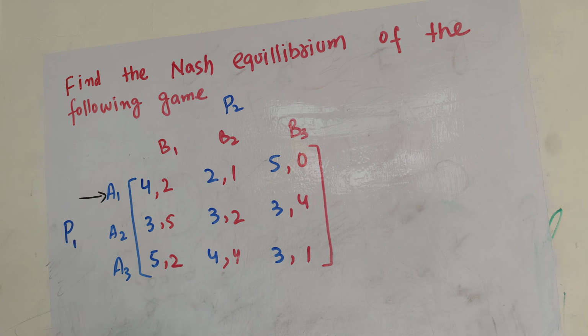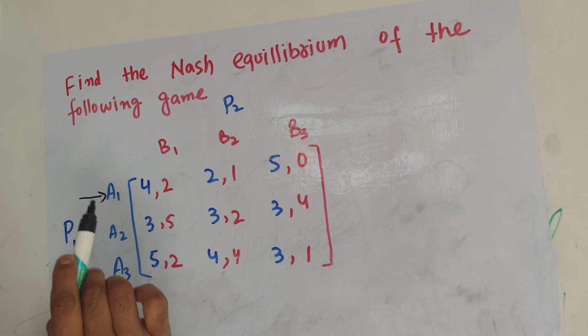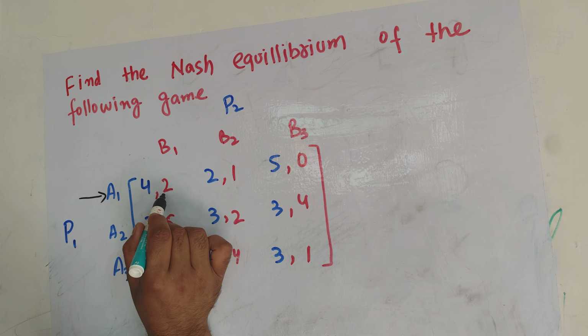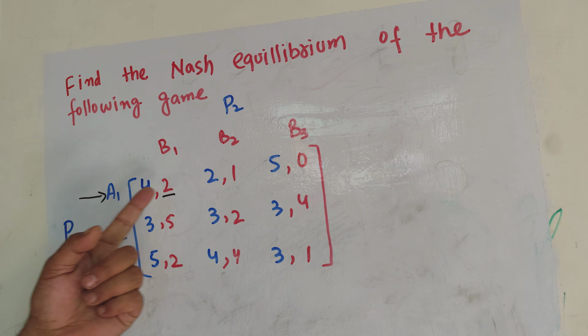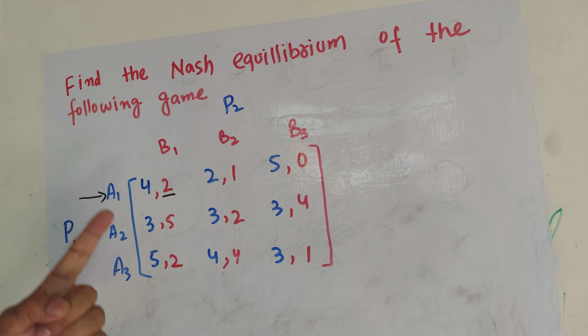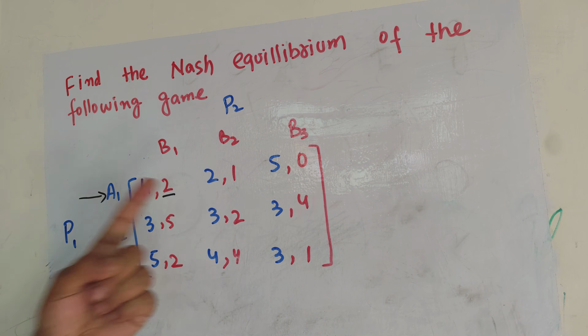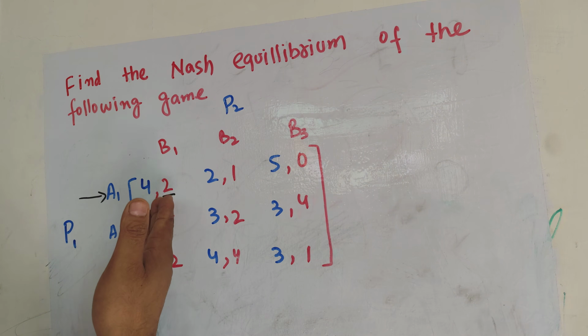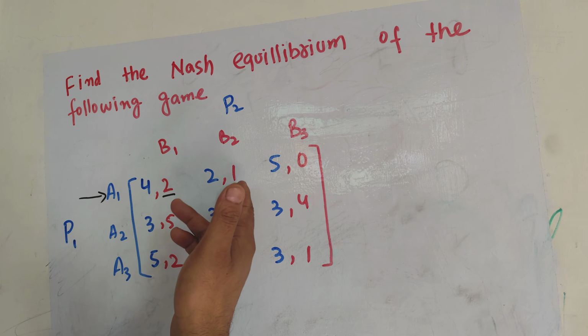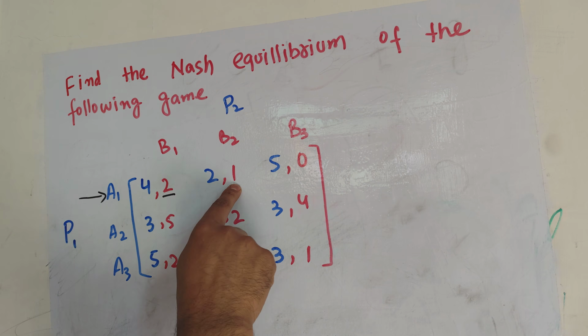Obviously, the highest among the three numbers is 2, so let us underline this. When player 1 chooses strategy A1, player 2 will choose strategy B1 because its payoff is more compared to the other two strategies, that is 1 and 0.